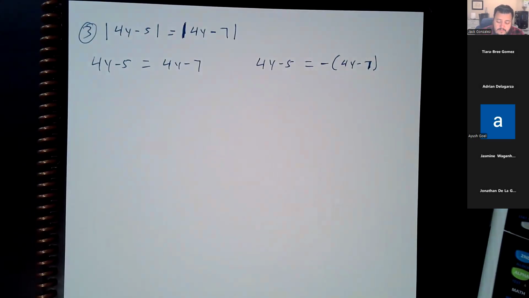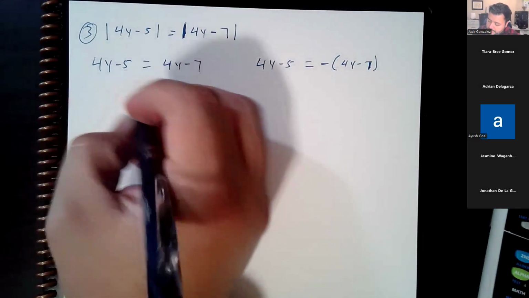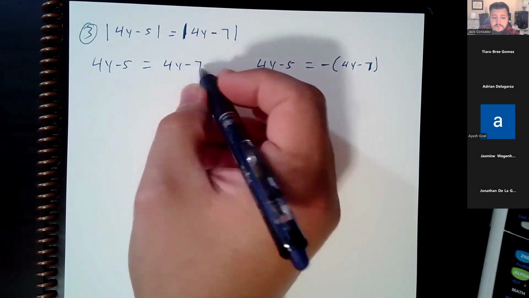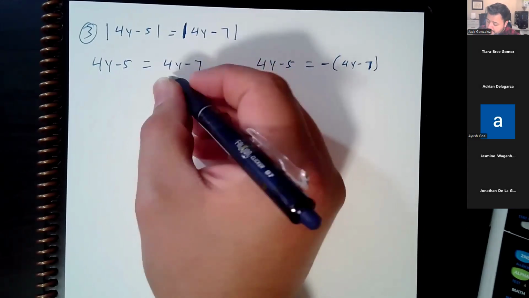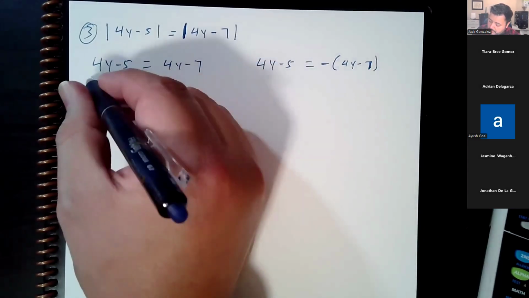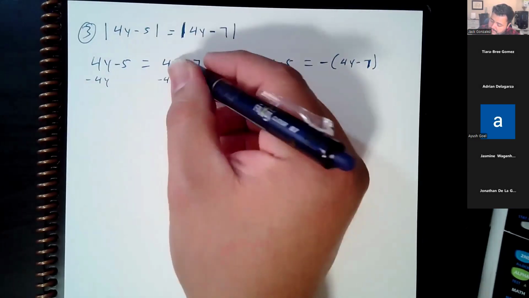Yeah, whenever the y's are gone and you get a false statement left over, you have no solution. But let's show the work, all right? Let's say I want to get all this stuff to the left-hand side. As soon as you subtract the y's, they disappear.